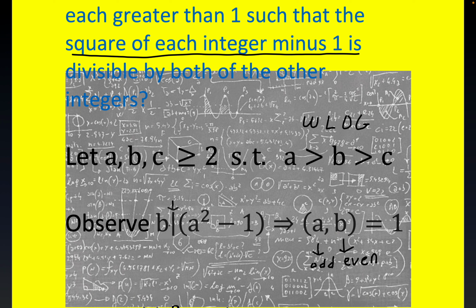So the mere fact that B divides A squared minus 1 intimates that A and B are co-prime. I say relatively prime; I've heard it called co-prime, which is a very common usage these days. Relatively prime was the phrase they used when I was taking this a long time ago.